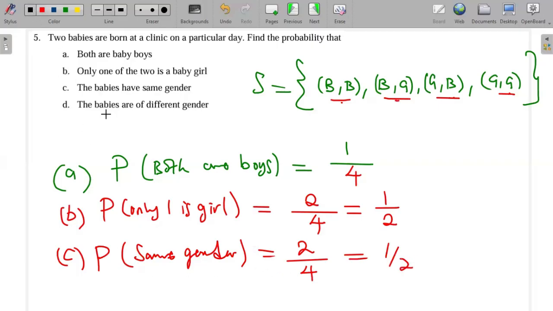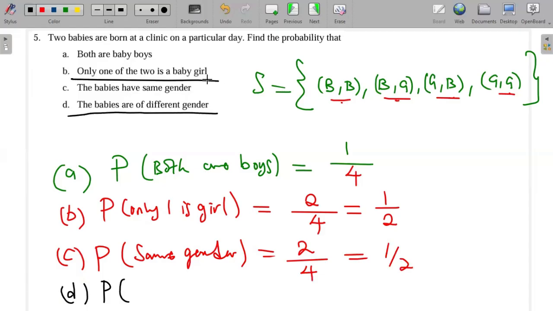Okay, and then we look at part D. So part D, they're saying we're finding the probability that the babies are of different gender. Okay, so now I should ask the question here: what's the difference between part D and part B?